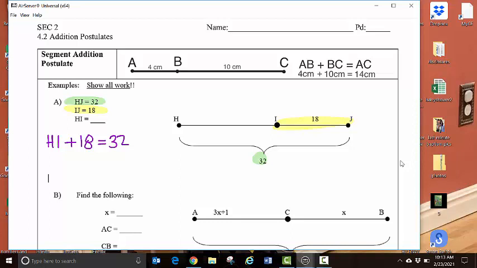Then how would you solve that? You would minus 18 from both sides, and get 14. Okay? It's just looking at a picture to set up an equation.